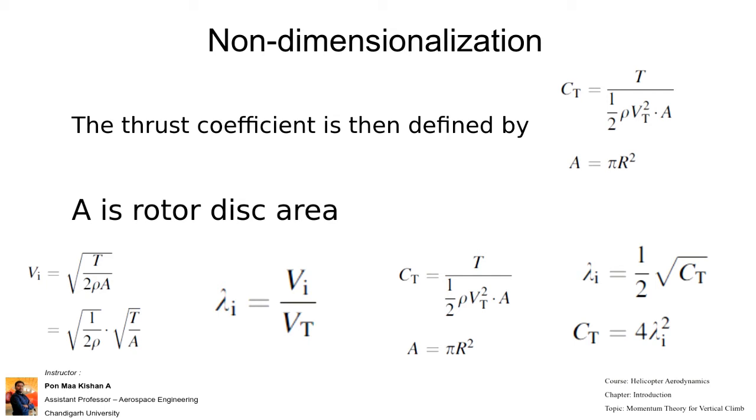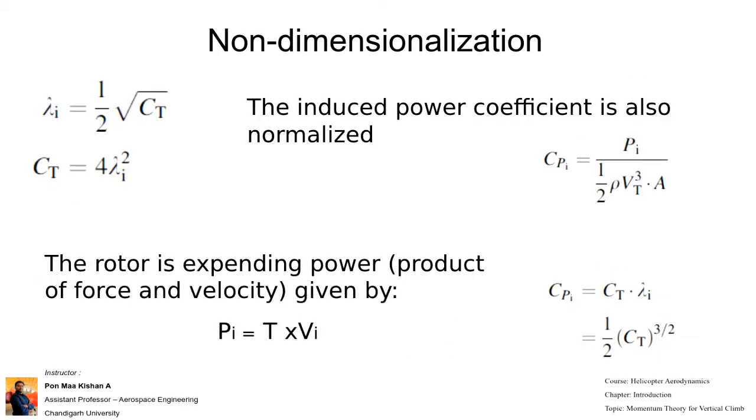With respect to the non-dimensionalization, we have calculated the coefficient of thrust. The coefficient of thrust is given as Ct equal to 4 lambda i square, four times the square of the induced velocity coefficient. The induced power coefficient is given by half the coefficient of thrust times the coefficient of induced velocity.